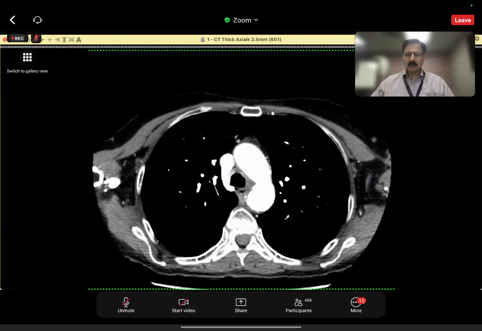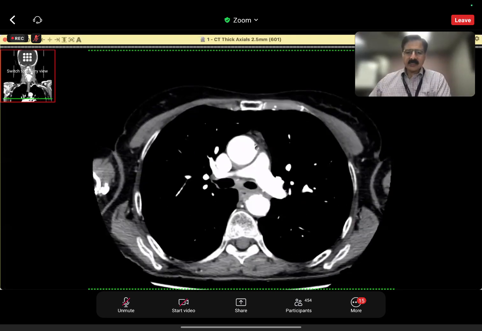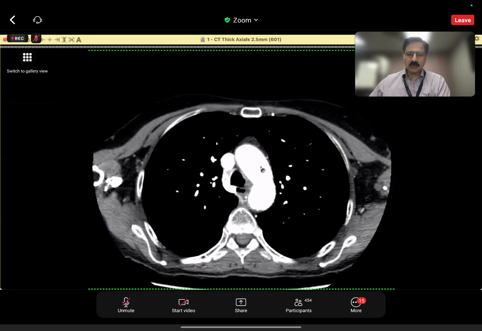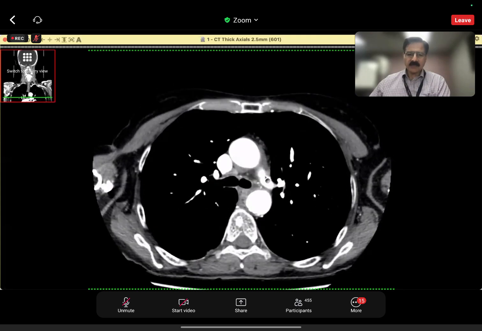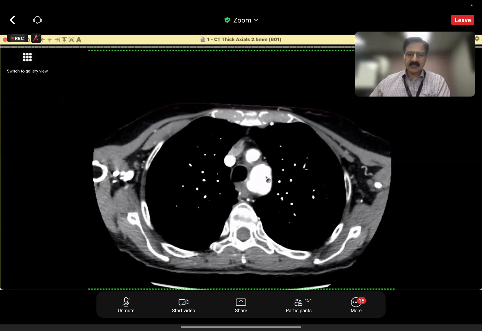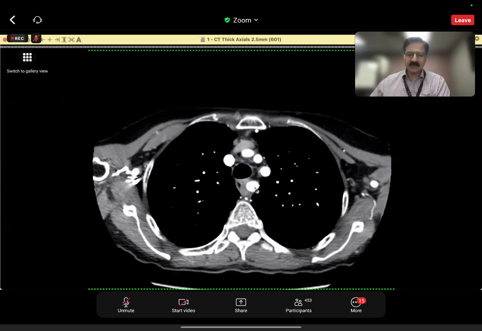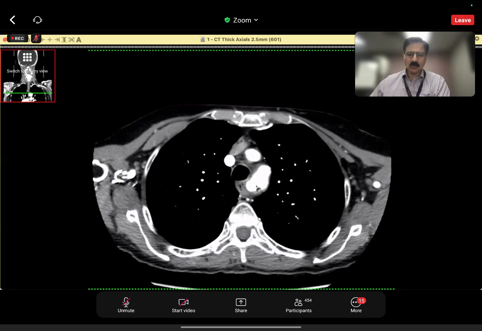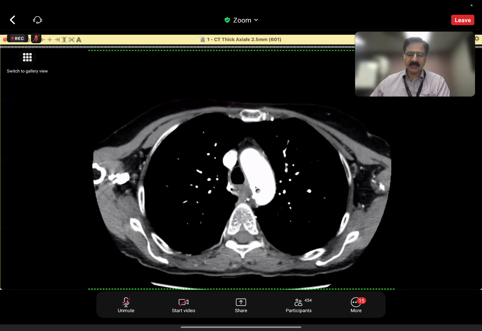Now, on this axial, this is the arch of the aorta, and we can see something here. You see this thing? And when we scroll up and down, it is not in continuity with anything.